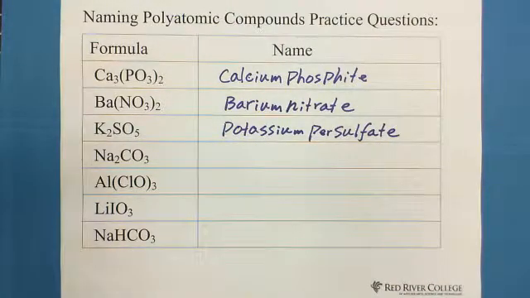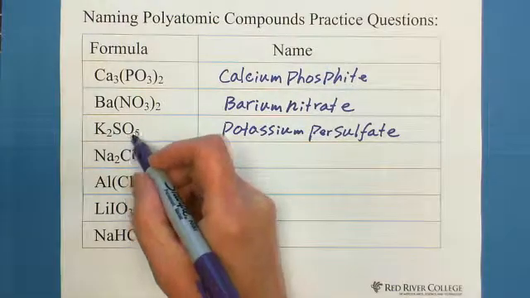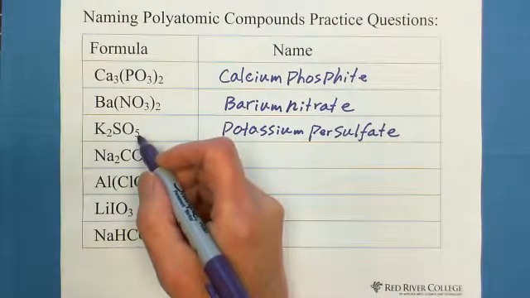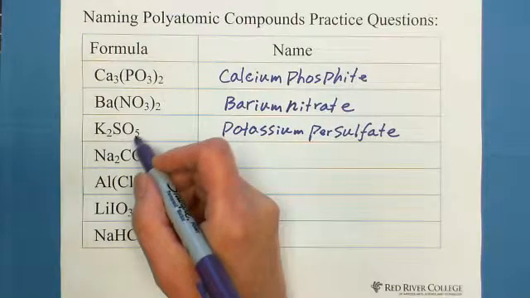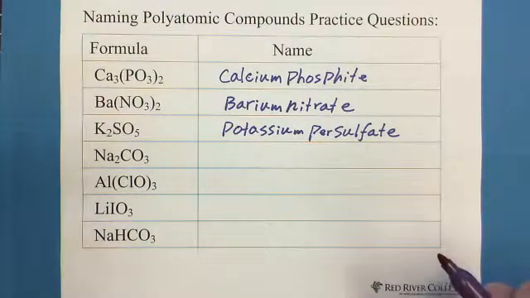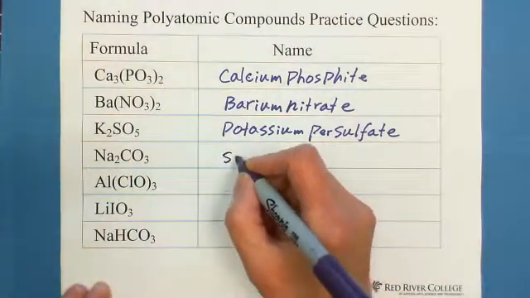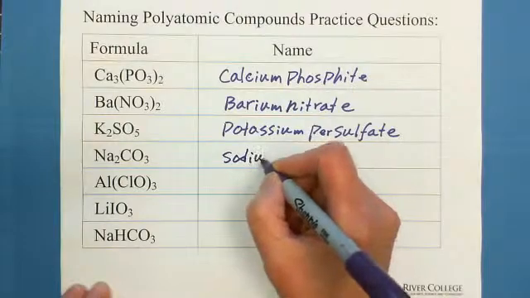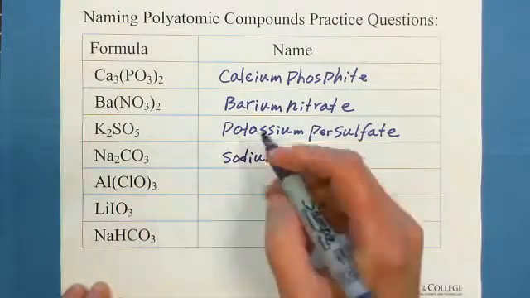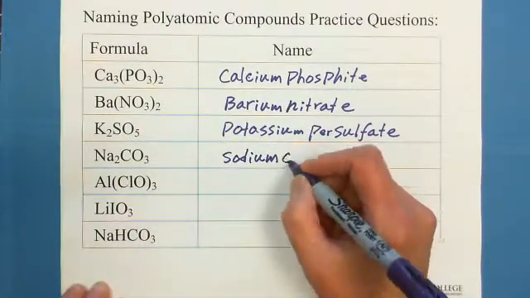Every time you name a polyatomic ion, you need to focus on what is ATE. SO4 is ATE, sulfate. That's why SO5 is persulfate. Next, Na is sodium, CO3 is carbonate.